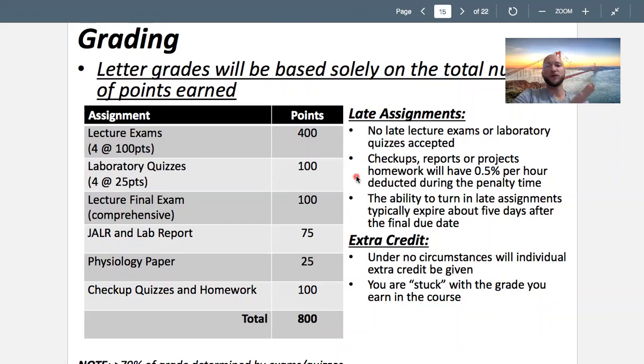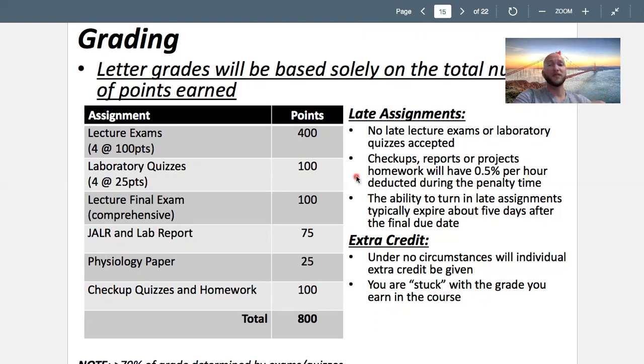For your benefit, to stay on top of the topics, you should complete the checkups by the due date. However, you will not start losing points for your checkups being late until the penalty date. So there's the due date, which is when I think you should complete them by. Then there's the penalty date, after which you will start to lose points from your overall grade of that assignment.